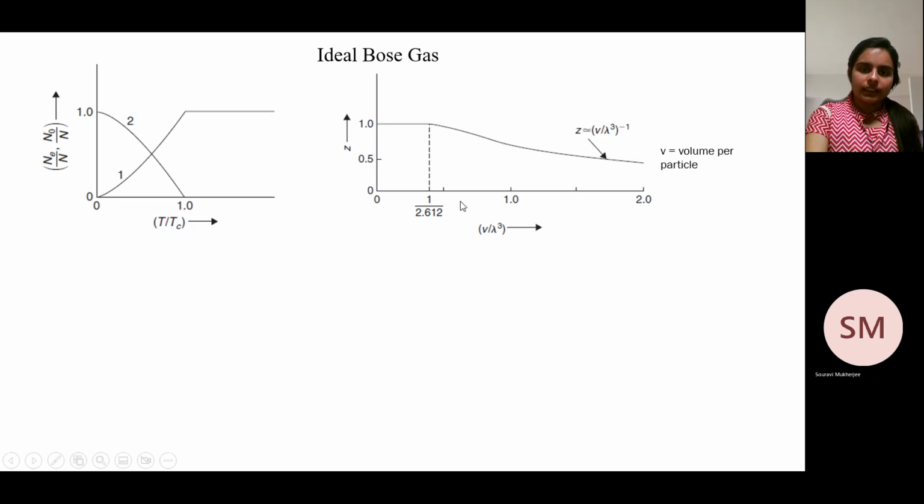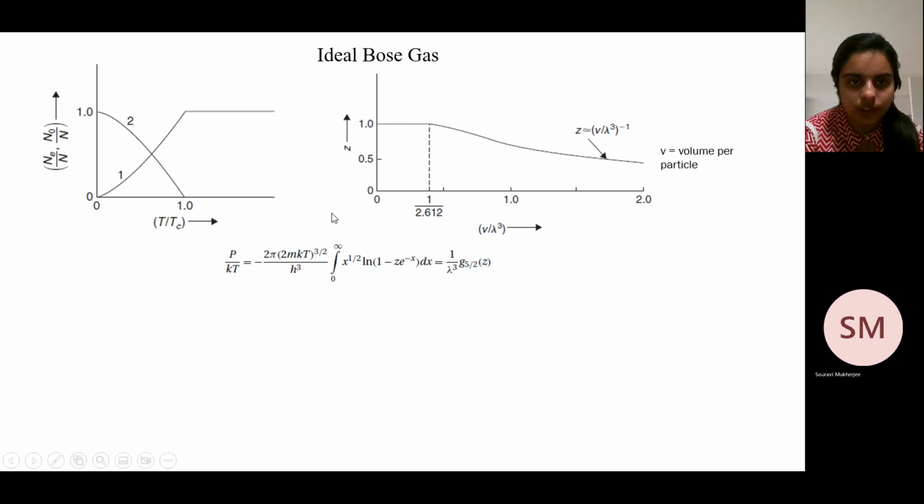On the other hand, when v by lambda cube tends towards 0, you would see that Z is equal to 1, and Z remains 1 for values of v by lambda cube less than the critical value. Below that, Z is always 1.